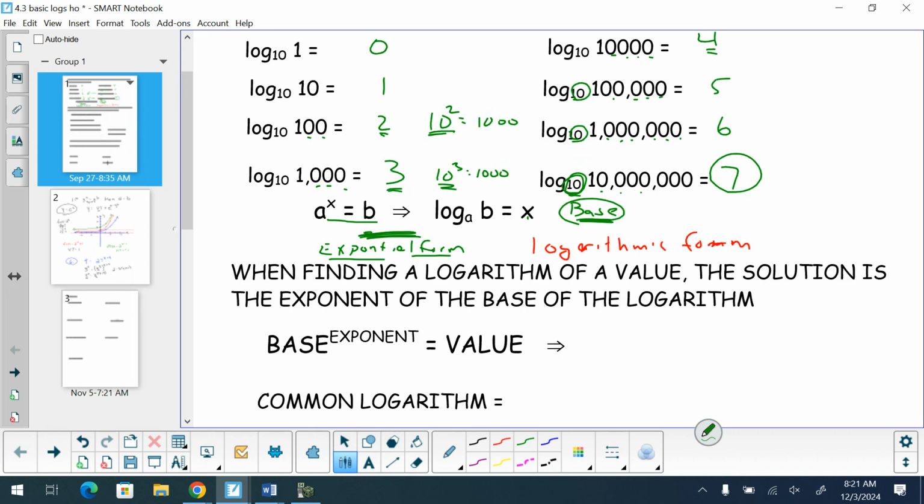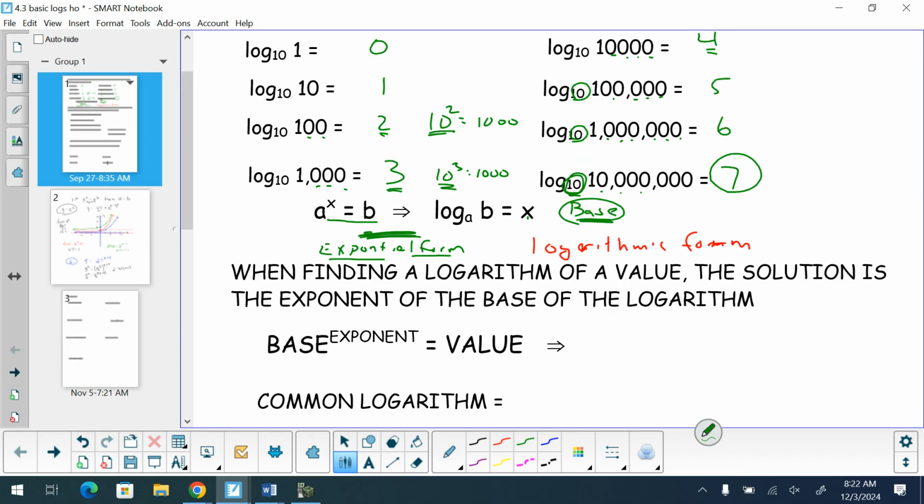That a to the x power is equal to b, we could change into the logarithmic form: log base a of b will give us a value of x. Exponential form we feel comfortable with. Logarithmic form we're a little iffy about.